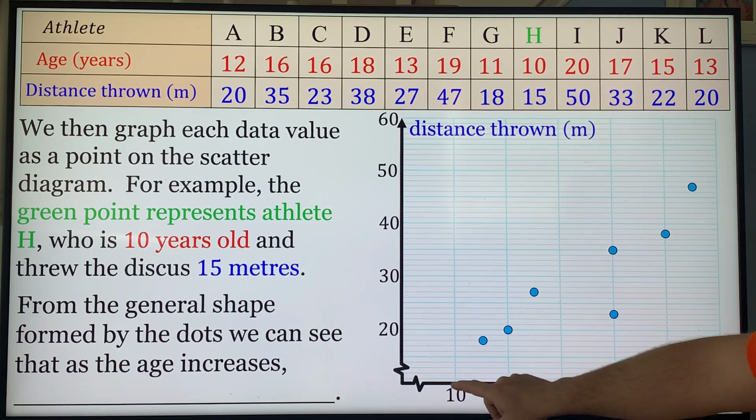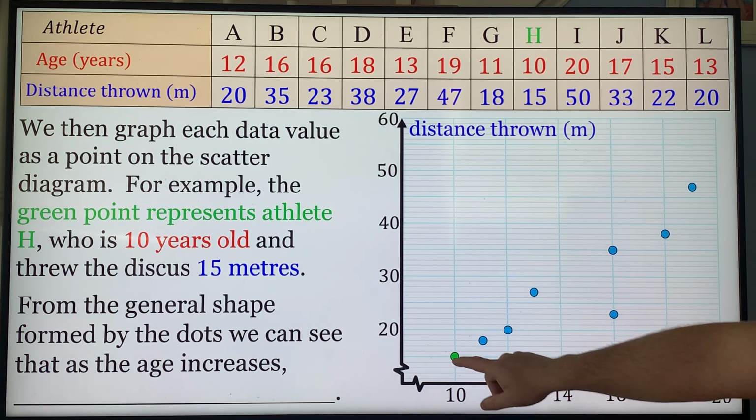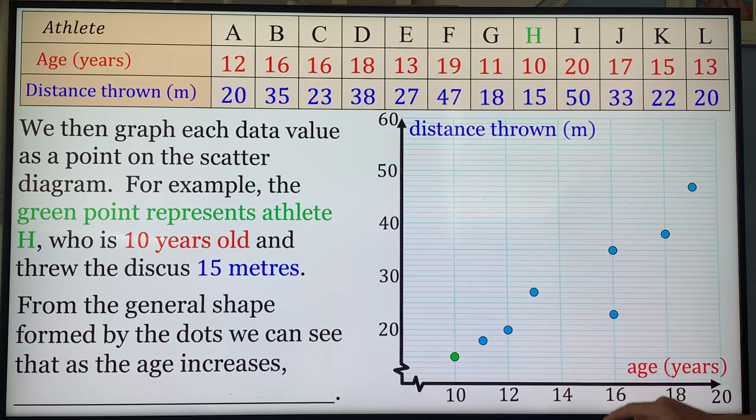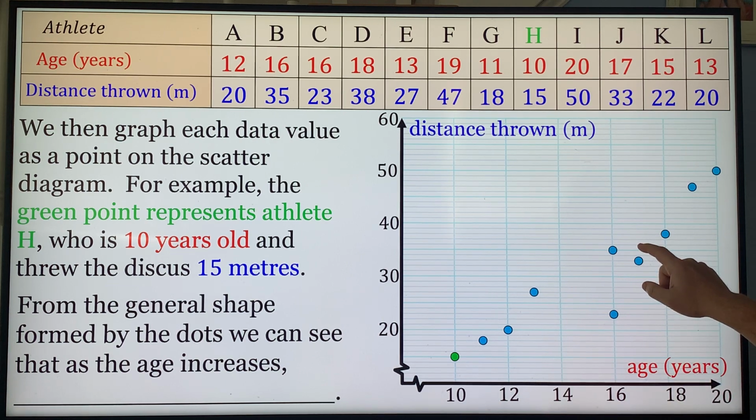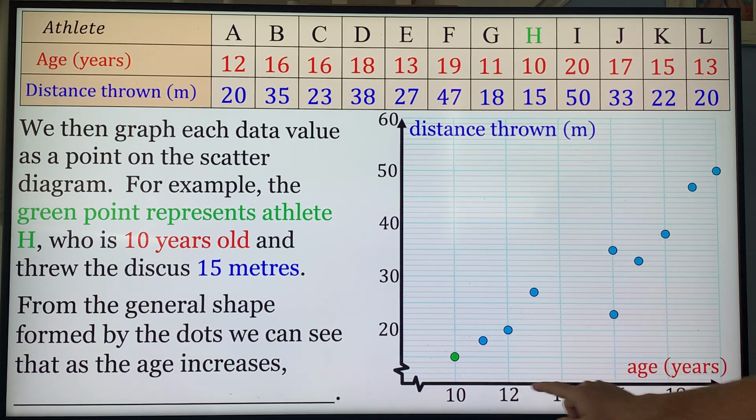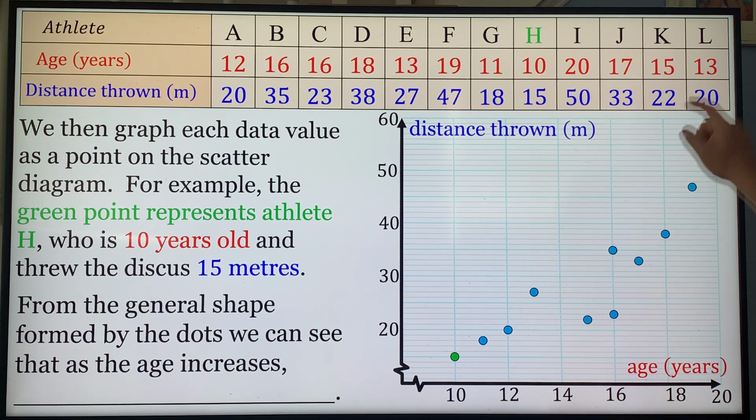H, which is our 10, 15. That's a green one. 20, 50. 17, 33. I'm going 15 over, 22 up. 13 over, 20 up. So that should have been the points that you plotted.